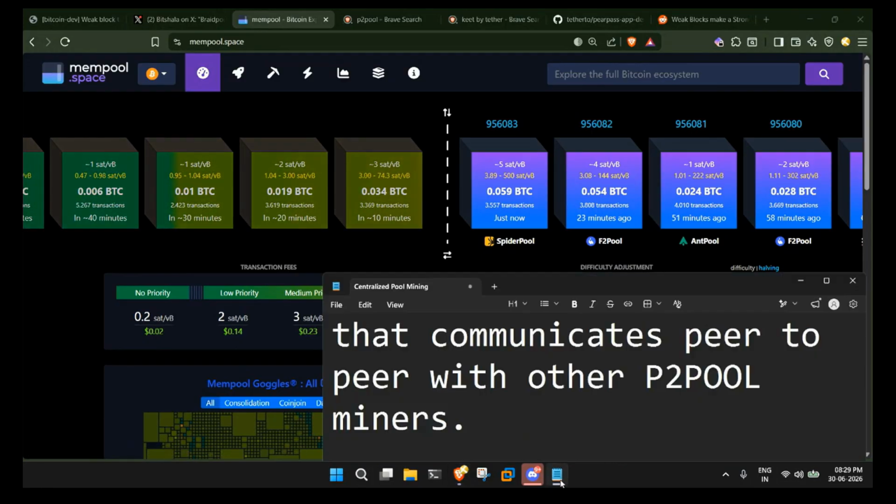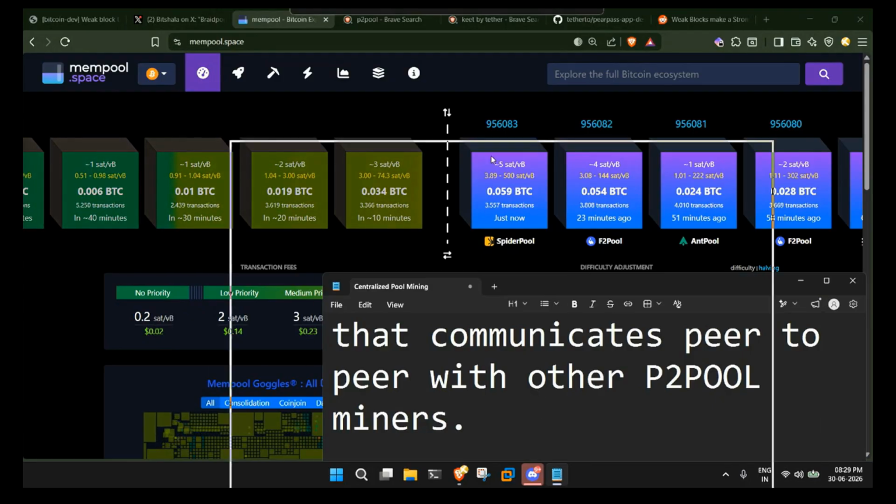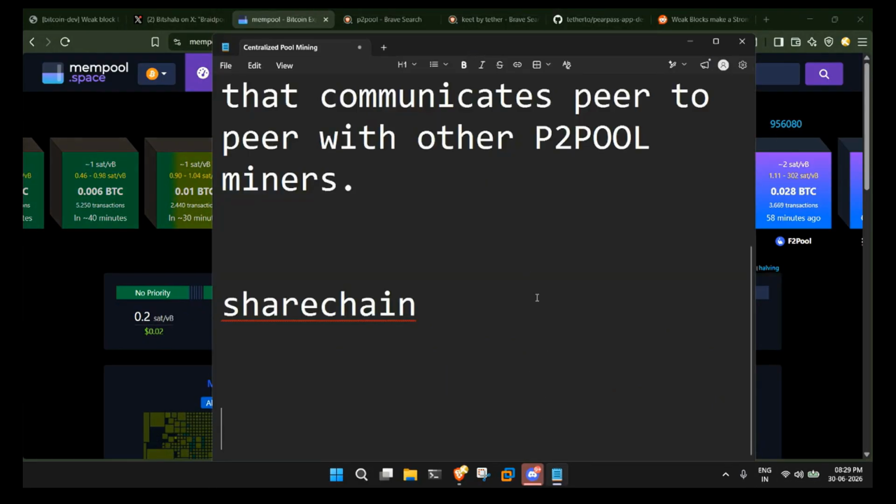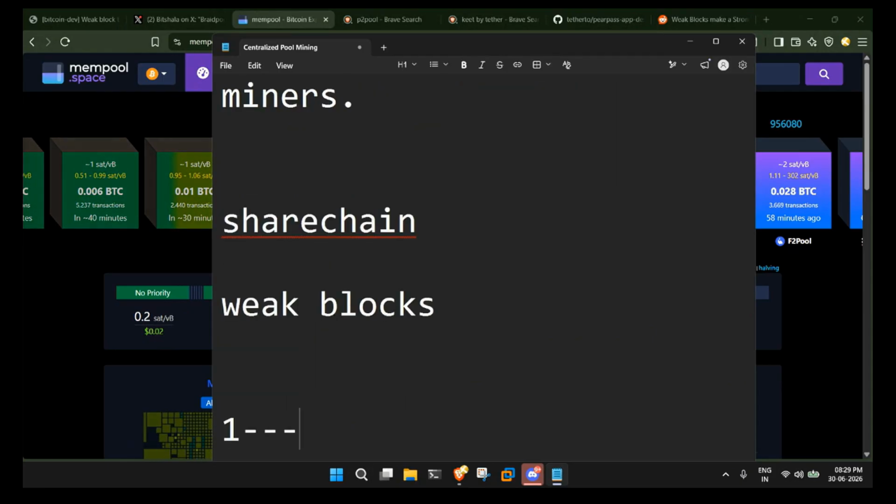So this was also the problem with P2Pool, because it may happen that they are using weak blocks, which we have covered, right? But those weak blocks are also connected this way: one, two, three, four, five.